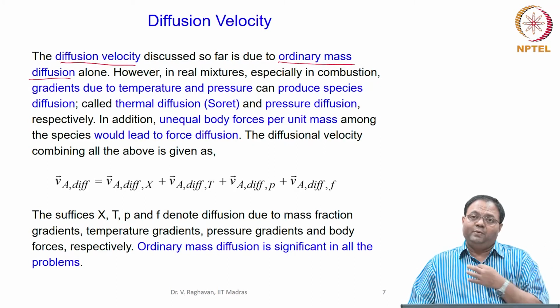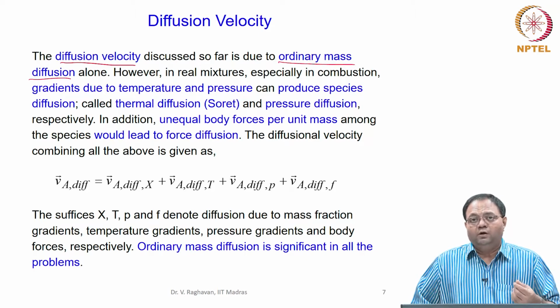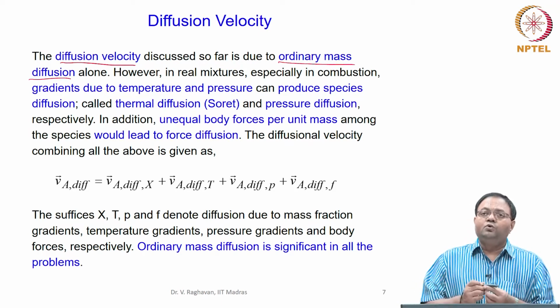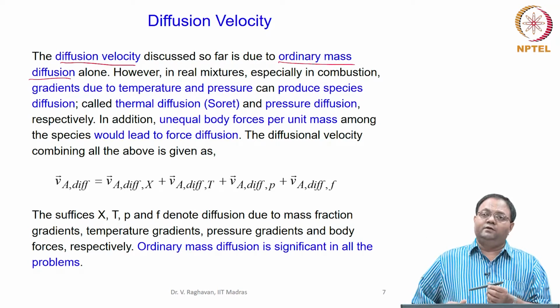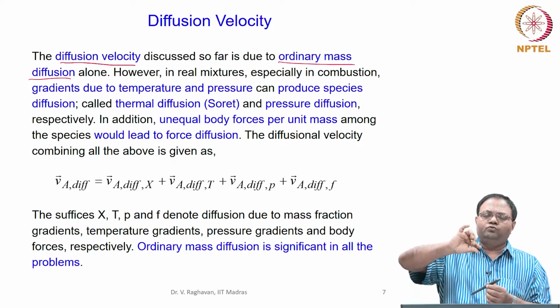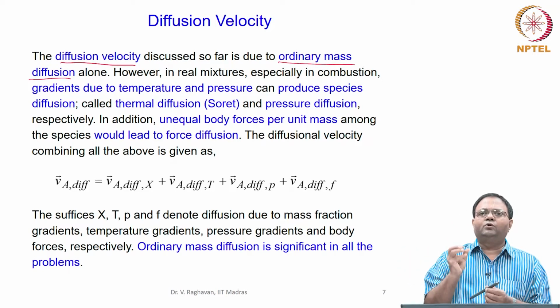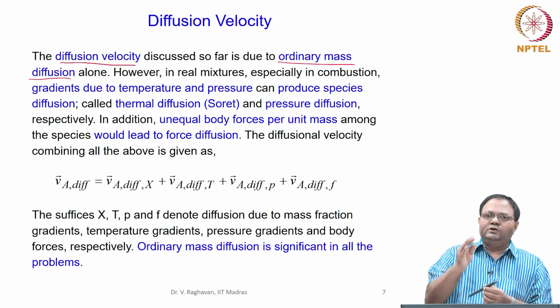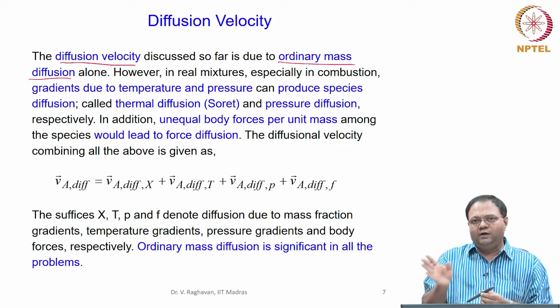takes place. But please understand that this is basically due to concentration gradient, but if you take combustion reactions etc., you will see the temperature gradients will be very high, okay. Because we can see that the temperature zones will be concentrated to a particular small region in the flame, and when you go away from the flame in either direction.